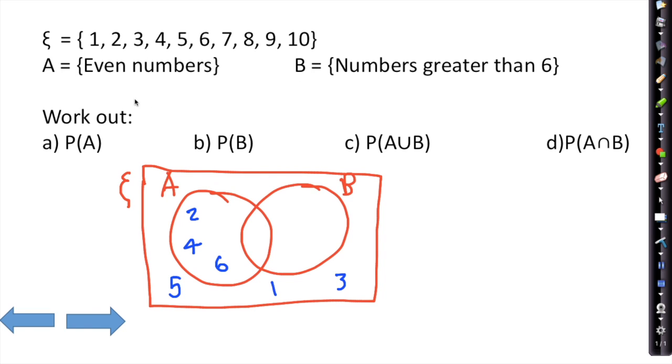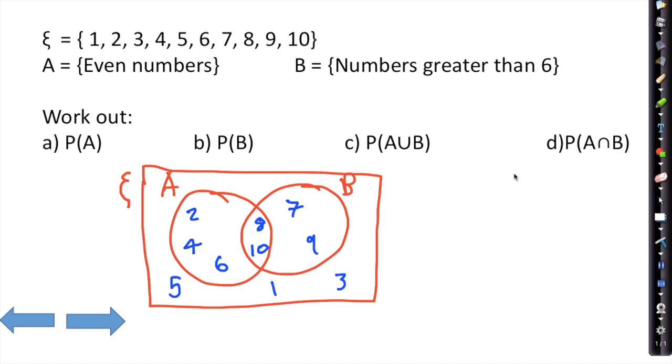Now, even numbers that are greater than 6 will be 8 and 10, leaving our numbers greater than 6 which are odd, or not even, being 7 and 9. And we can just check 1, 2, 3, 4, 5, 6, 7, 8, 9, 10. We've got all the numbers here. So we can start tackling the problem.